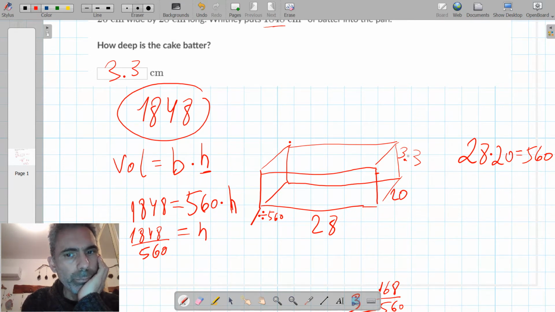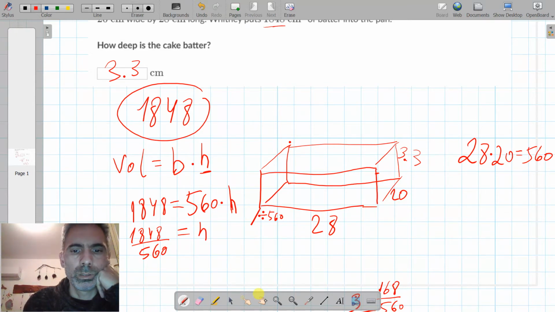So if the height is 3.3 and the base is 28 times 20, 2 times 20 is 40, 2 times 8 is 16, 40 plus 16 is 56.